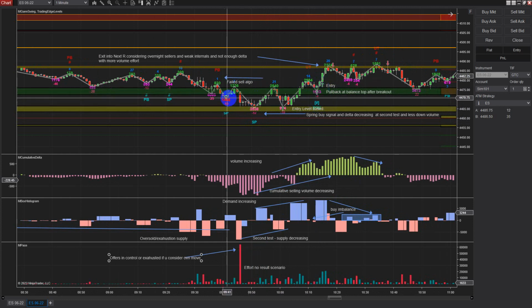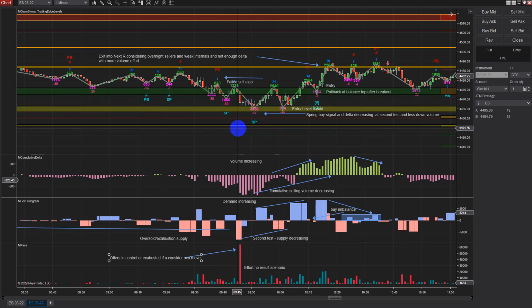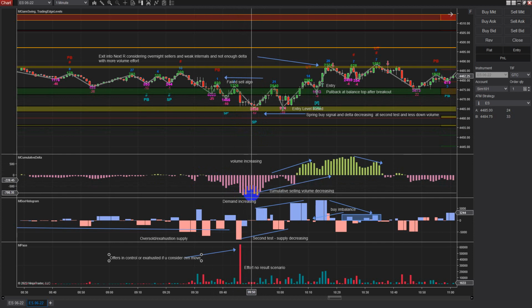Before I go into that option yet, you can see here it exhausted into support. But still it's an early thing, because it could be the beginning of a further move down too, so you wait for additional confirmation. If you see this cumulative volume, it is also exhausted to the downside. Then you wait, and you see this here.